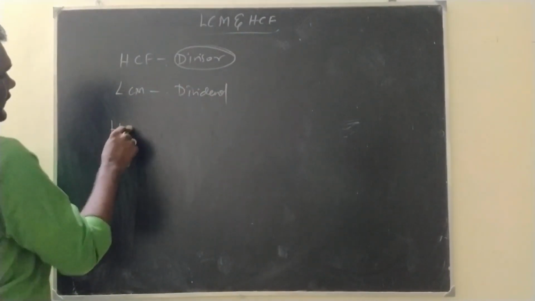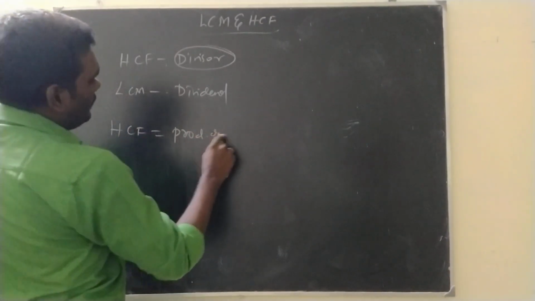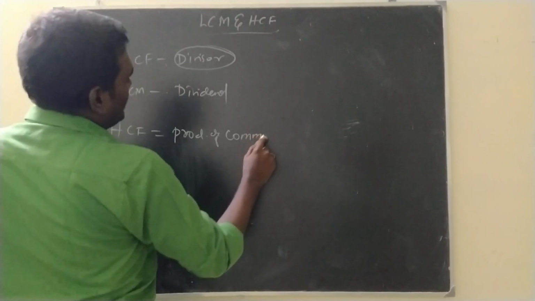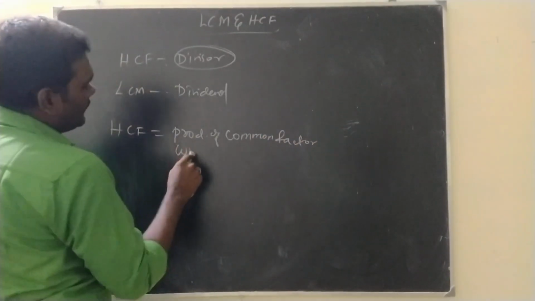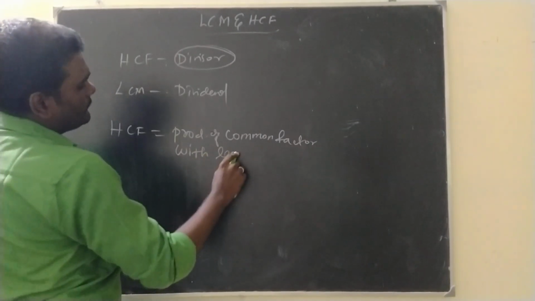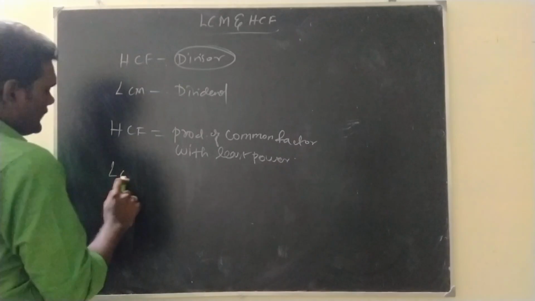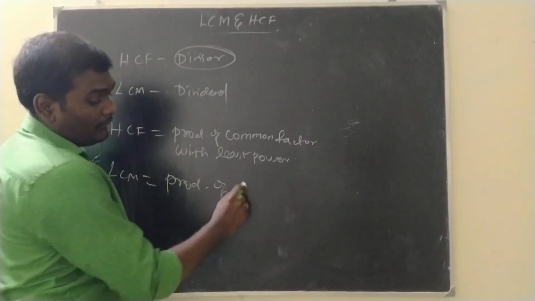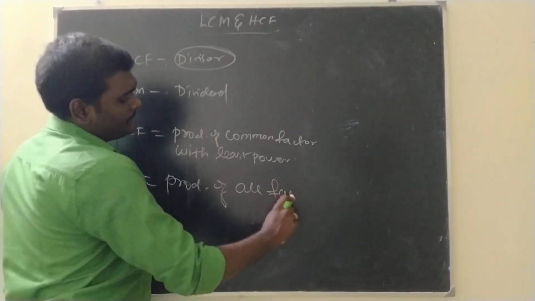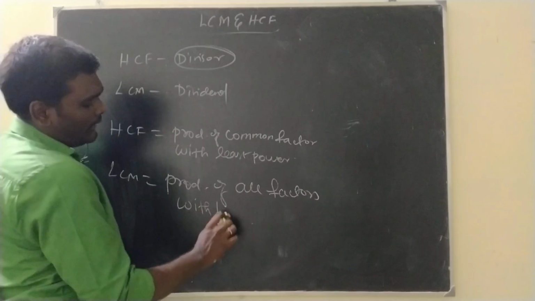So this HCF is the product of common factors with least power, and LCM is the product of all factors with highest power.